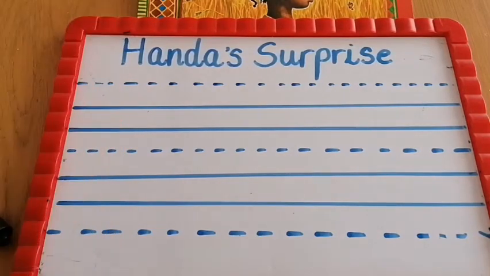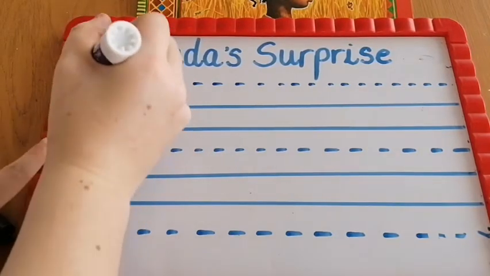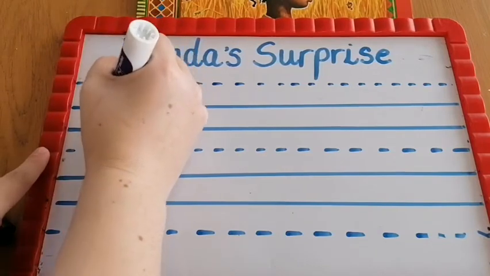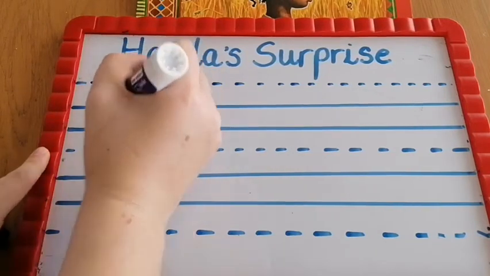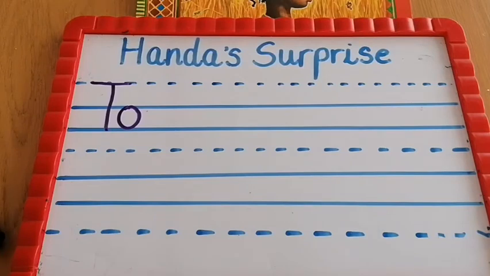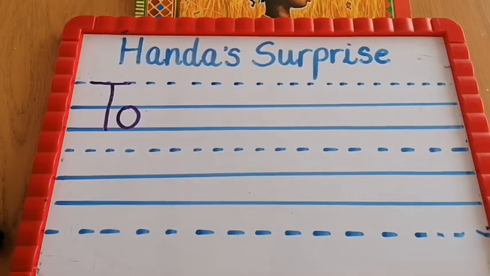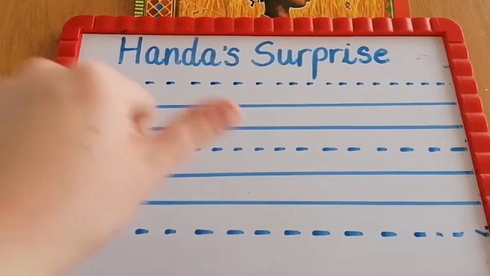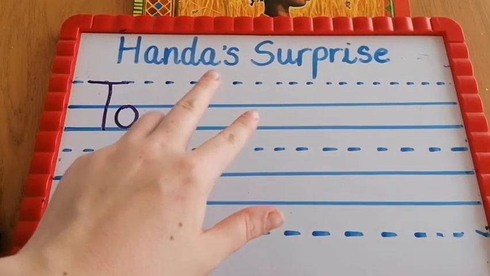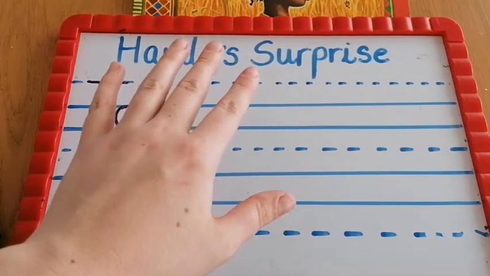To Handa. To is one of our tricky words. Let's write it together. All around the orange. To Handa. What is my first sound in Handa? A-N-D-A. Handa.